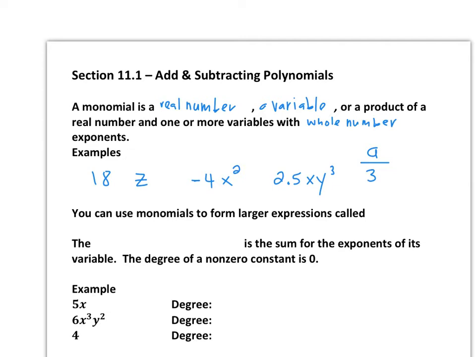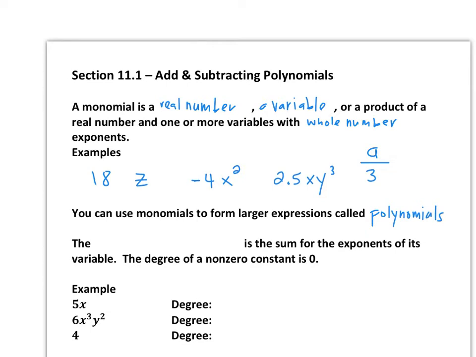All right, you can use monomials to form larger expressions, which we call polynomials. All right, and polynomials can be added or subtracted.